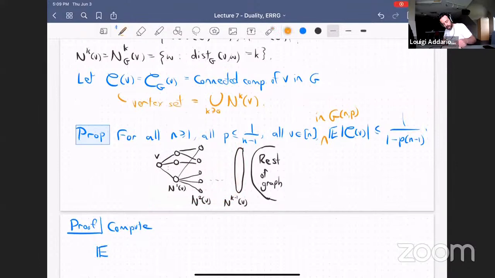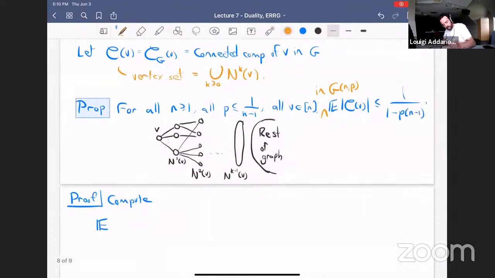I've reached level K minus 1, and now I'm asking about how many edges I expect from the K minus first neighborhood into the rest of the graph. So that's asking about the size of NK of V given the neighborhoods NJ of V for J at most K.